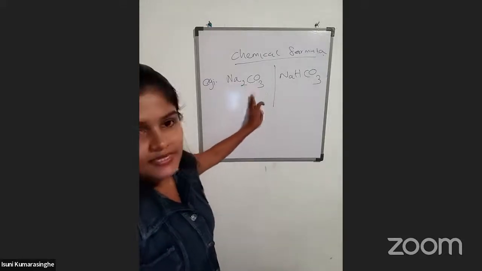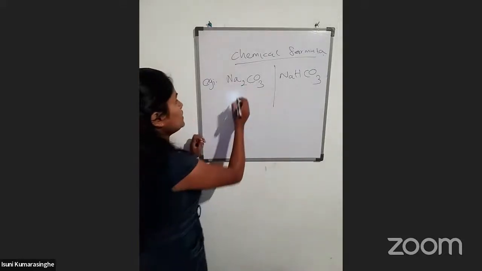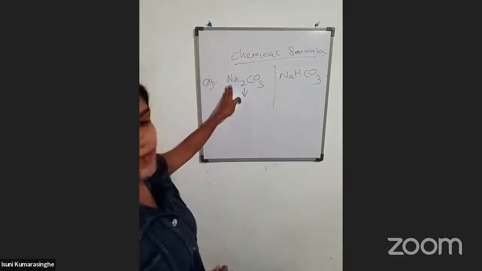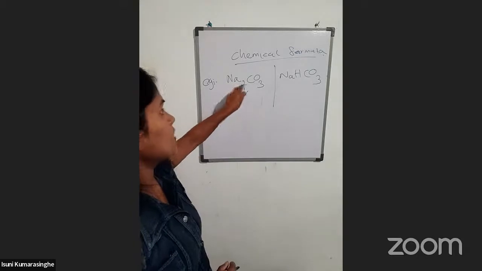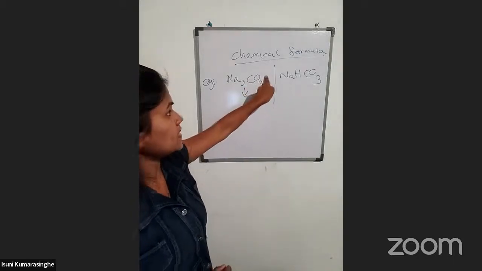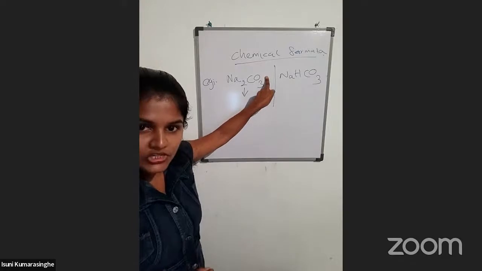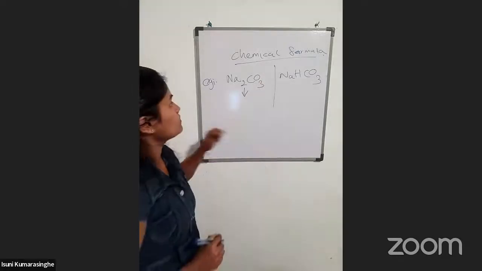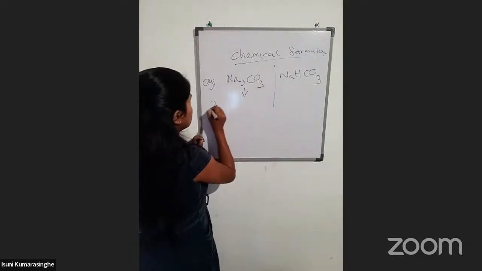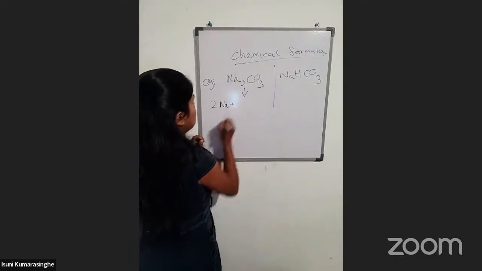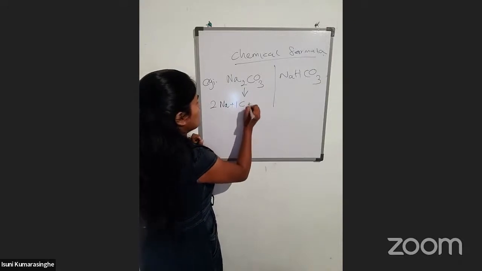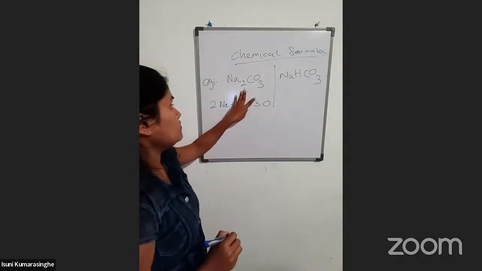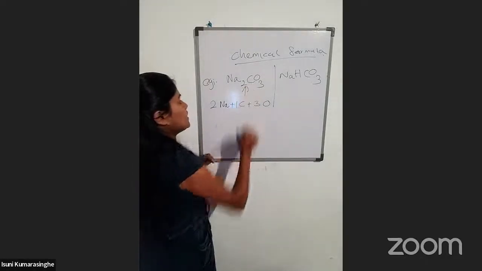What elements are present here? Sodium, carbon, and oxygen combine in a specific ratio to form sodium carbonate: 2 sodium atoms, 1 carbon atom, and 3 oxygen atoms.